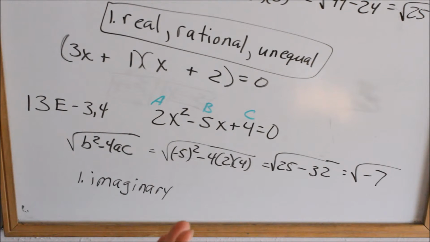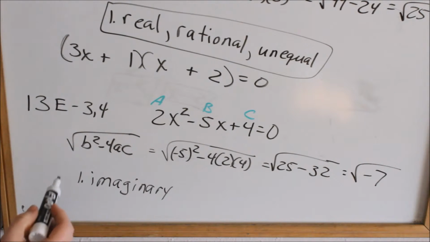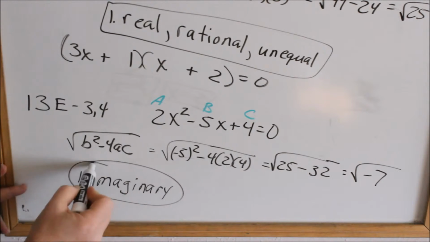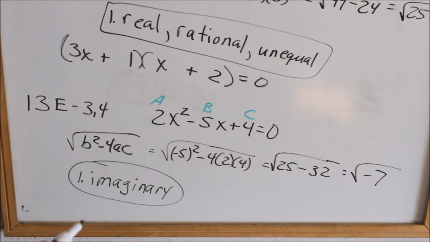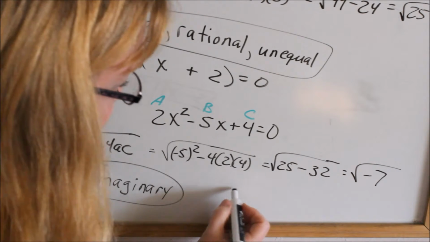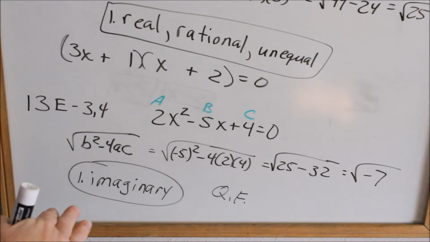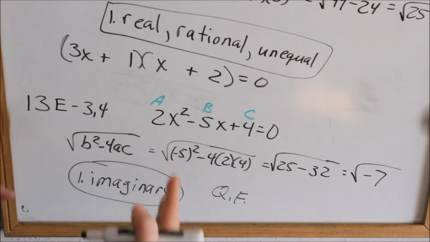We don't break imaginary numbers into rational or irrational. We only break real numbers into rational or irrational. So once you have an imaginary, you can just say you have an imaginary solution. Number 4, you then go on to use the quadratic formula. Go back and use the whole quadratic formula to find your exact solutions.